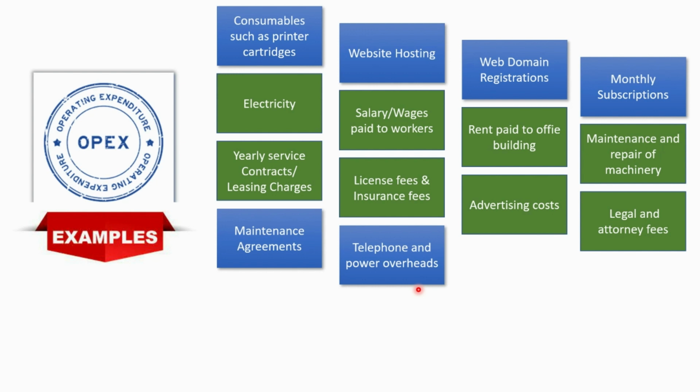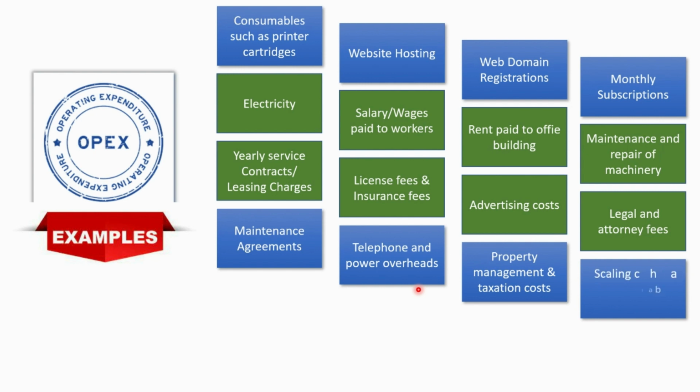Day-to-day operations involving telephone and power overheads also come under operational expenditure. The property management and taxation costs also come under operational expenditure because they vary over a period of time.